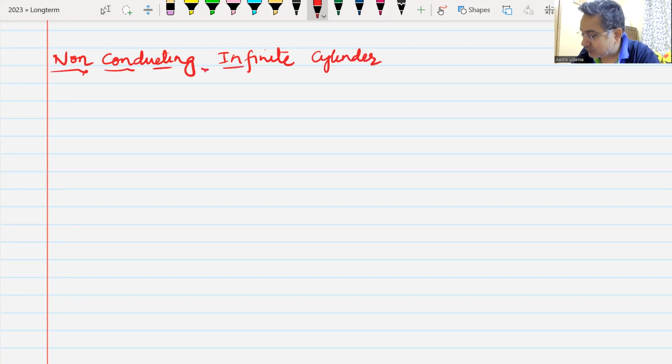Well done. That is the difference between the two. And we will have volume charge density. Charge will be distributed inside the volume.